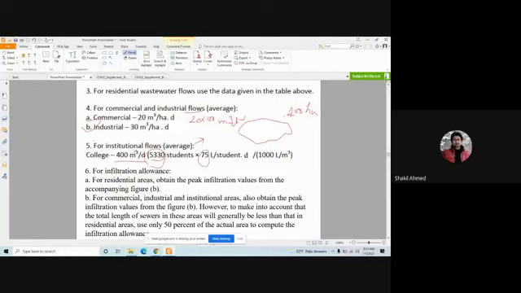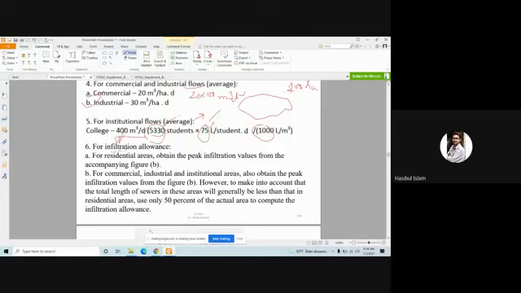So you multiply this with this, and these are in liter. If you convert it to meter cube, you have to divide it by 1,000. That's how you get 400 meter cube per day. Clear? Yes, sir.